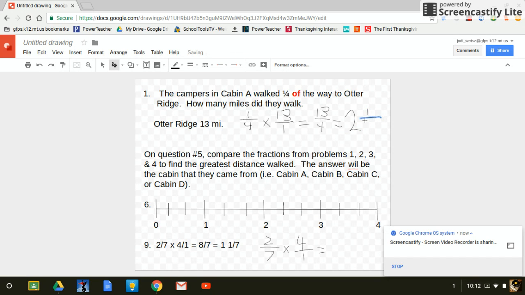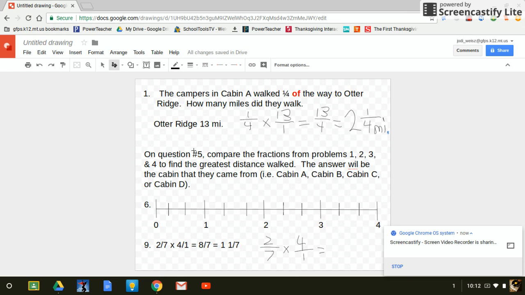And my denominator stays the same, 4. So 2 1/4, and that's measured in miles. So you can put that little m-i with the period next to it to label that. There you go. 2 1/4 miles is how far the campers in cabin A walked that day.